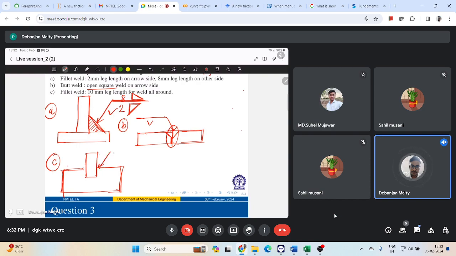So if this is my arrow side, I will simply put that circle all around to understand that I want to create an all around weld over there. And whatever leg length you will mention over there, so if this is 10 mm leg length, I will tell that this is my leg length and this will be a fillet weld with a weld all around, right? Any question till now?